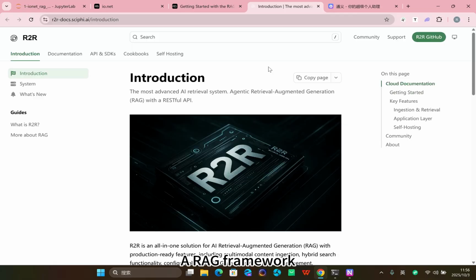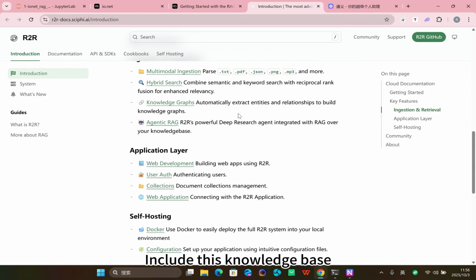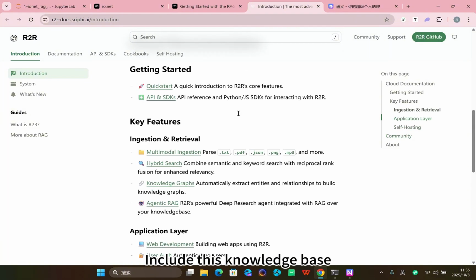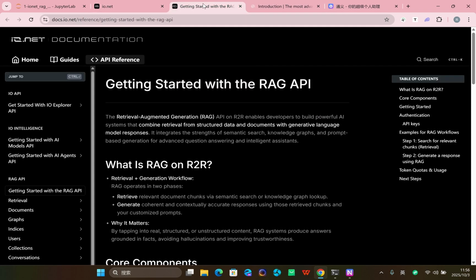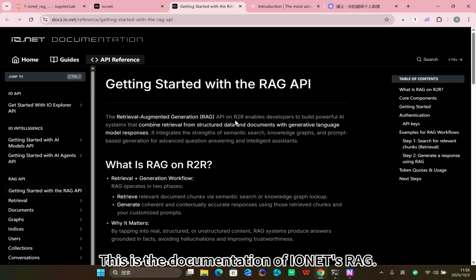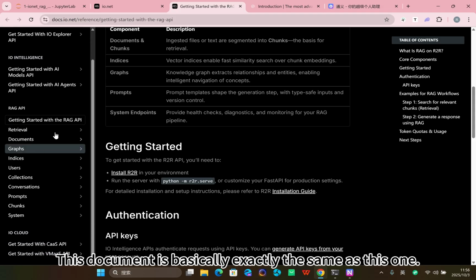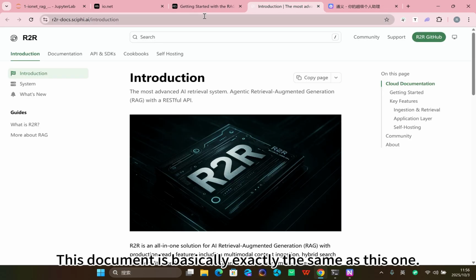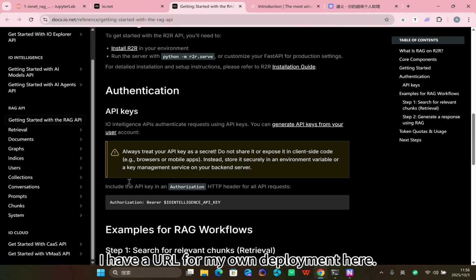It is a RAG framework, equivalent to having a service, including the knowledge base and knowledge graph. It's a pretty good system. This is the documentation of IONET's RAG, which is basically the same as this one. I have a URL for my own deployment here.